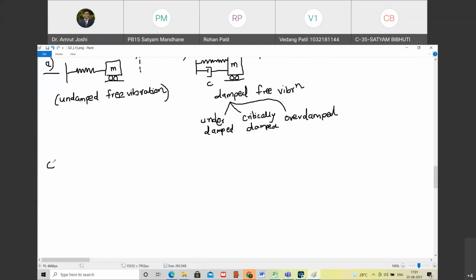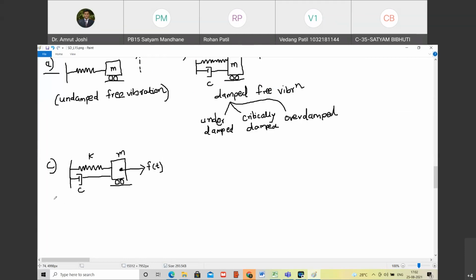Then there is a case C, which we talked about, and this was a damped single degree of freedom system subjected to f of t.